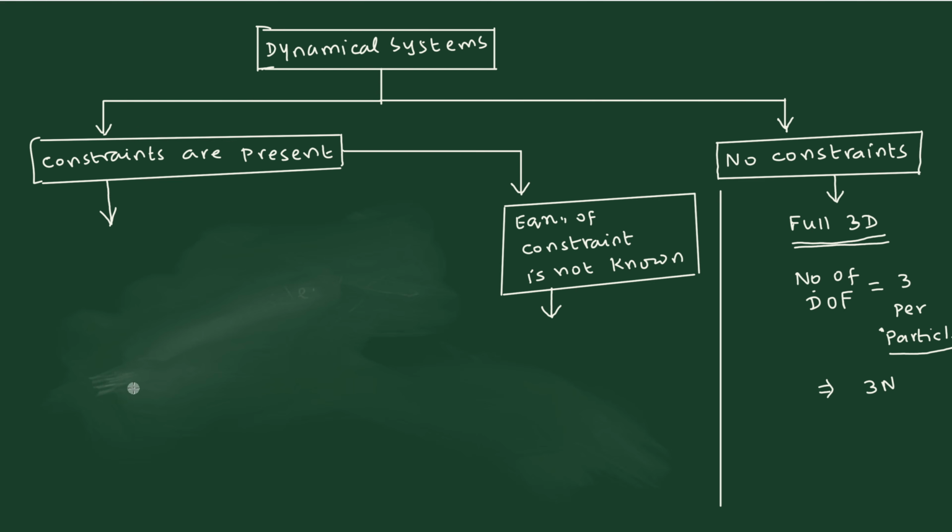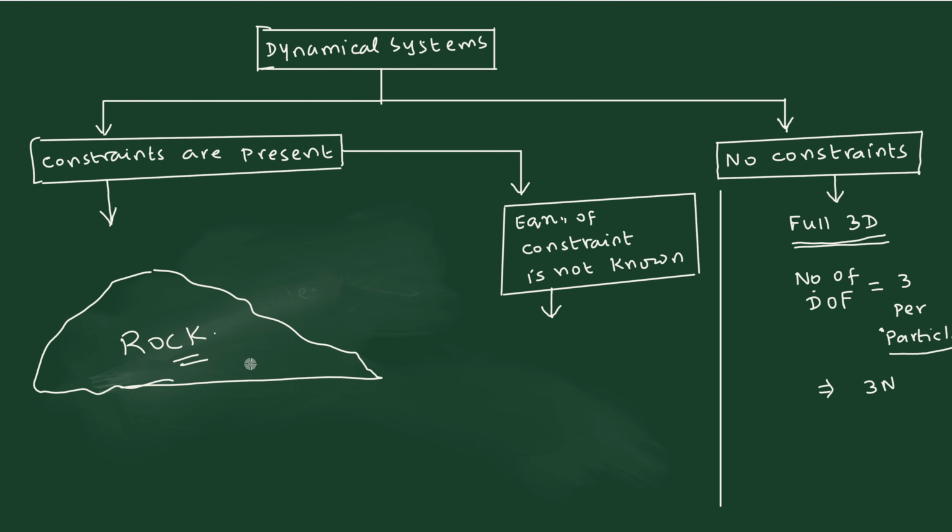You consider, for example, I will draw something schematically. I have something like this, some part of a rock, or you can consider that this is a hill, and then you have a certain object. I have a particle which is sliding down like this.